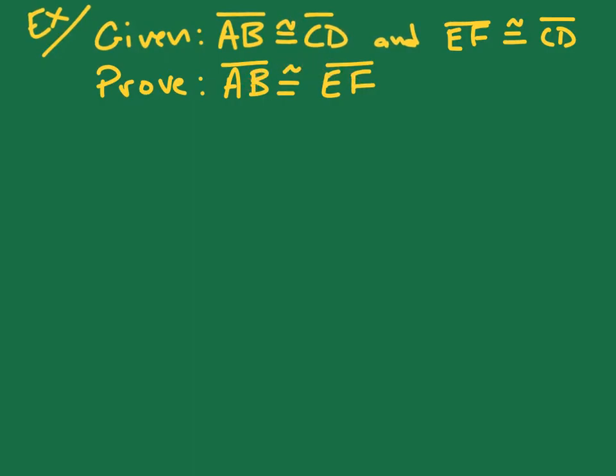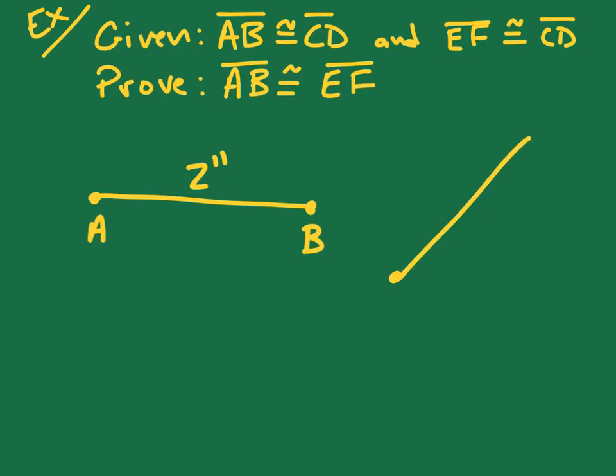The first thing I like to do is actually just draw a picture. So I'm going to draw length AB, and we're going to assign that segment length to be 2 inches. If AB is congruent to CD and I were to draw segment length CD, a congruent piece to that, CD would also be 2 inches.